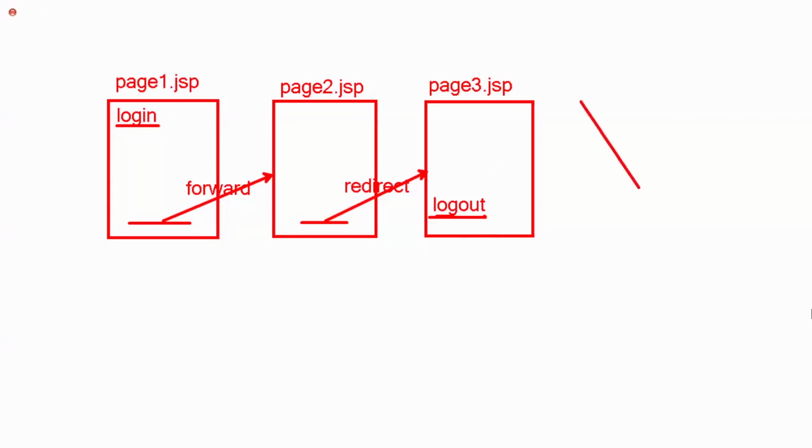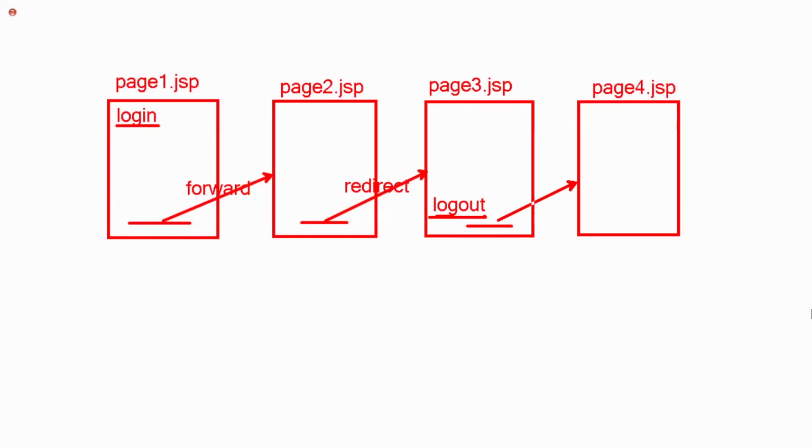Suppose here page4.jsp. Here again I'll write redirect. Now session scope attribute book3, can I access it in page4? No, because the session is logged out. You cannot access. Okay.